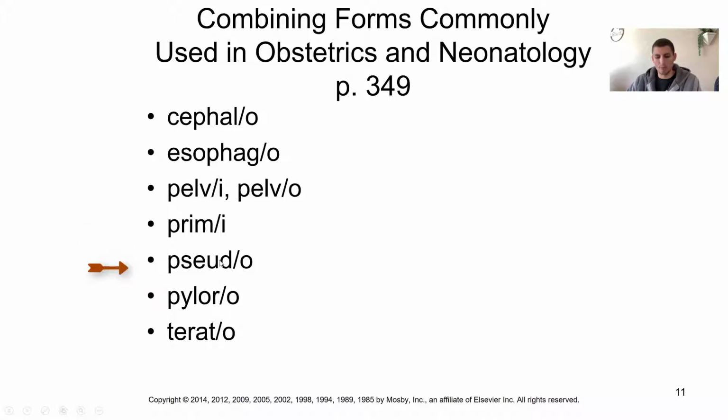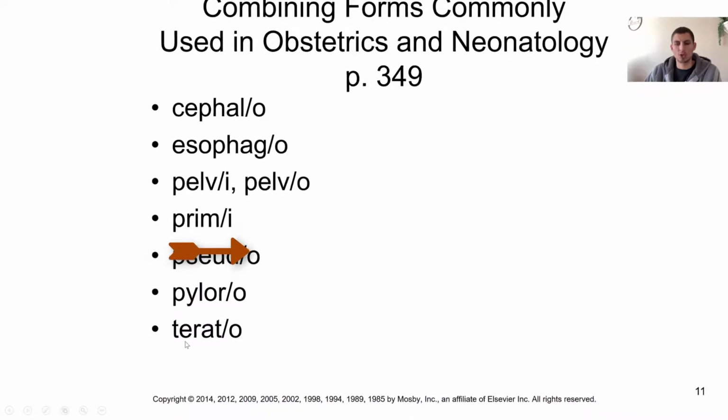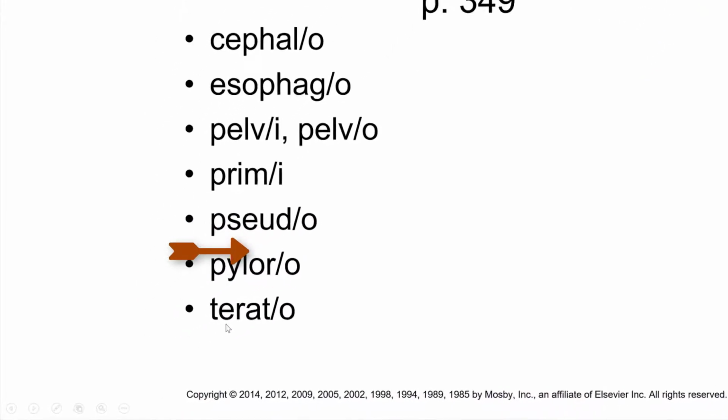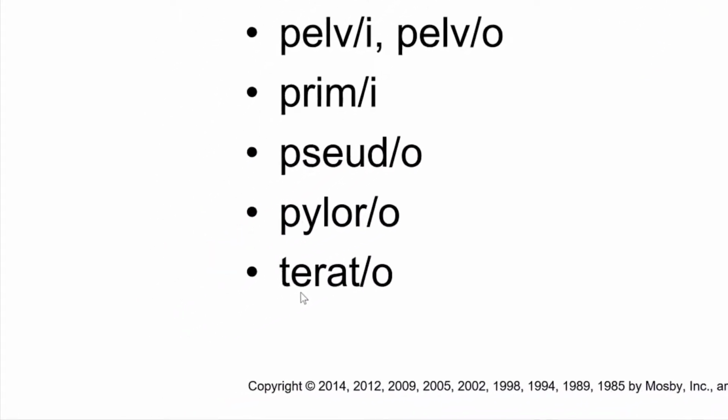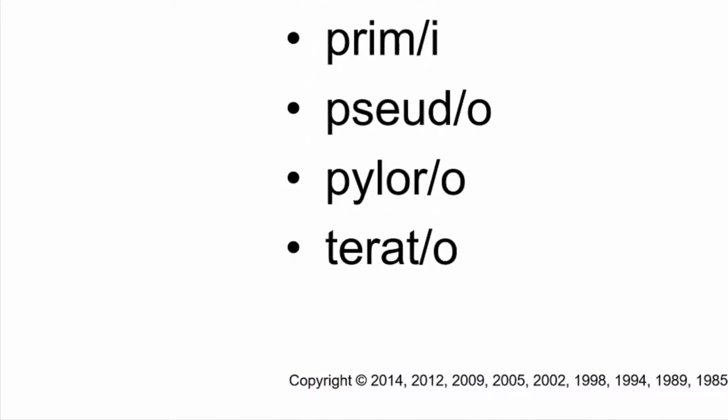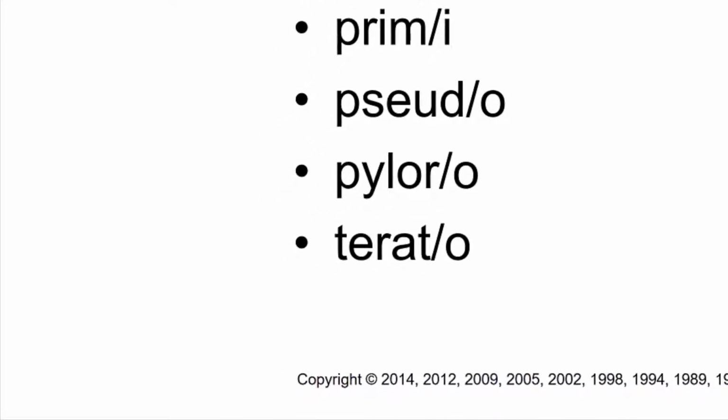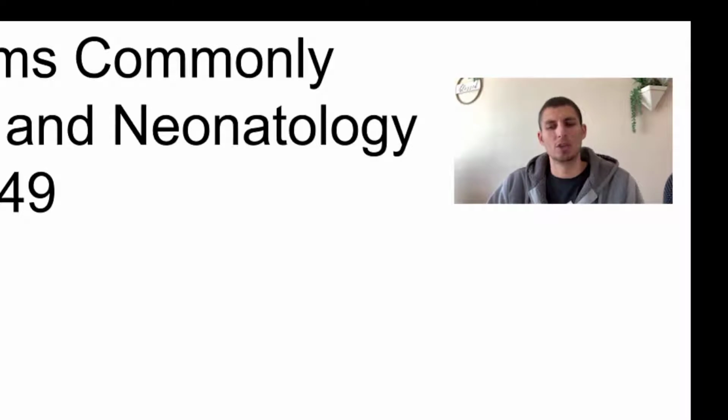Pseud, pseudo, meaning false. Pylor, consider again the pylorus sphincter from the esophagus and stomach region, so again digestive mainly. And then terat or terato, meaning malformation. So again, we'll look at a term like teratogenesis, meaning that somewhere within the genesis of the newborn, there's some kind of malformation.